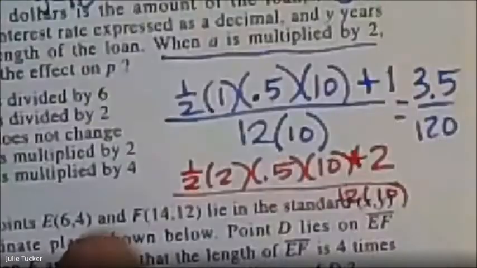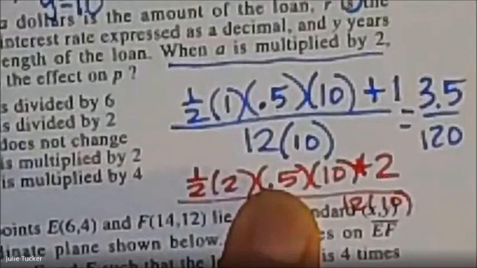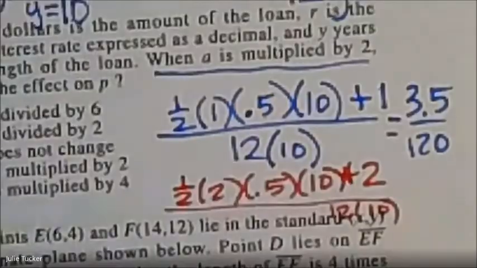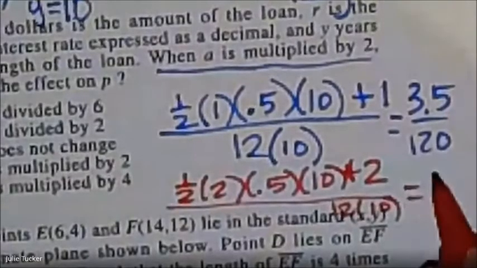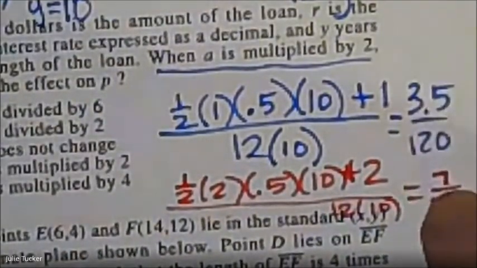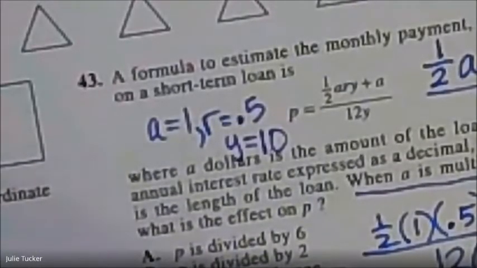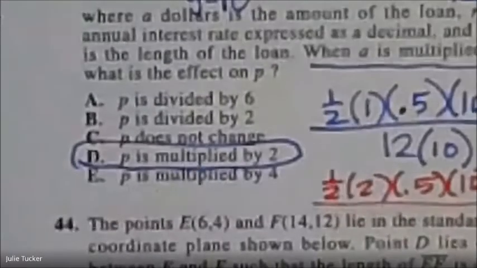So 1/2 of 2 is 1. 1 times 0.5 is 0.5. 0.5 times 10 is 5. 5 plus 2 is 7. So that's going to now be 7 over 120. So what did it do to it? It went from 3.5 to 7. Exactly, it doubled it. So now our answer is P is multiplied by 2.